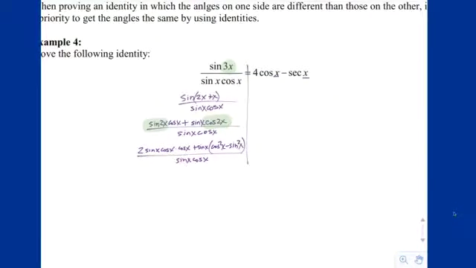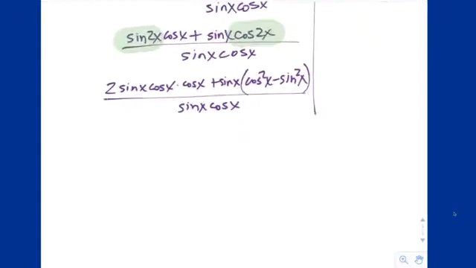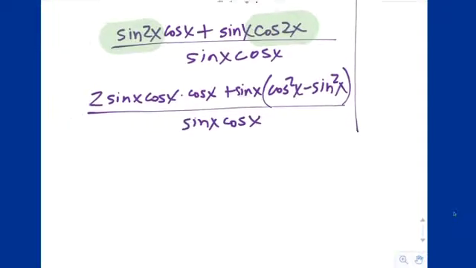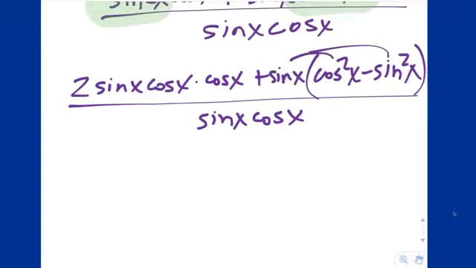All right, so the right side has 2 terms. So let's go ahead and combine everything in the top and distribute. So in the first term, you can combine the 2 cosine factors, right? So you get 2 sine of x times cosine is cosine squared.